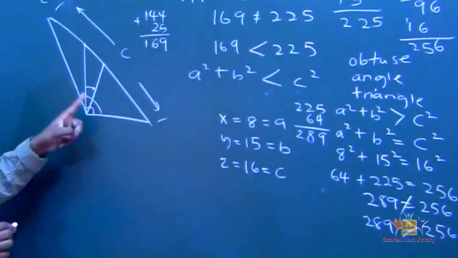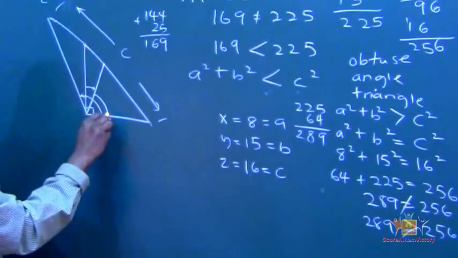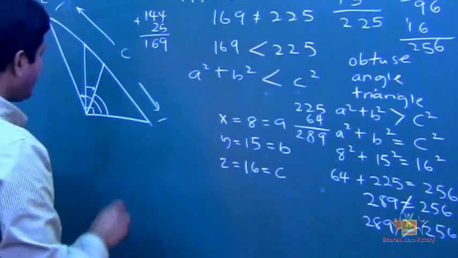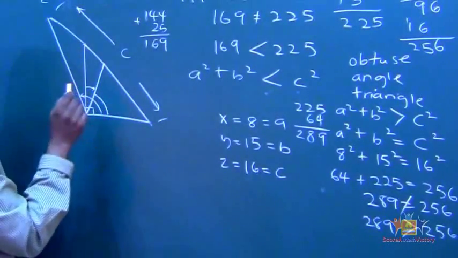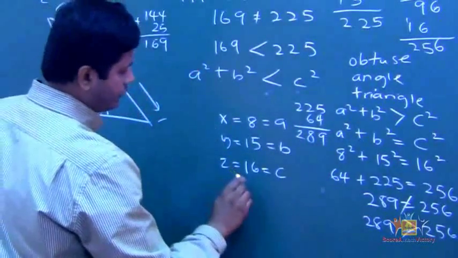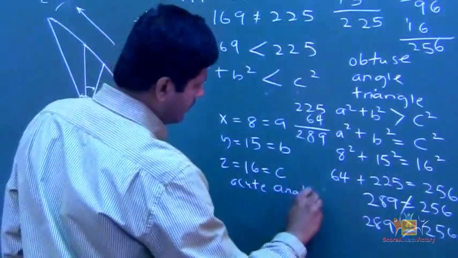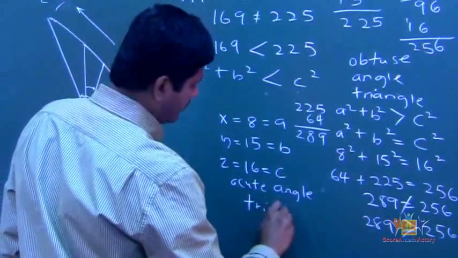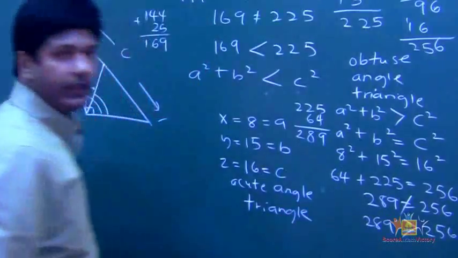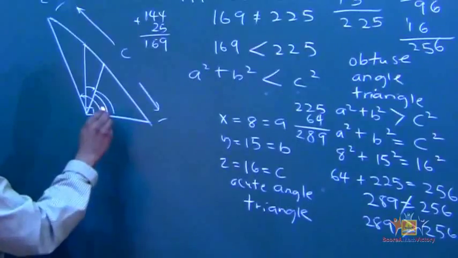It goes less than 90. So that makes this an acute angle. So this measurement right here gives you an acute angle triangle. Does that make sense?